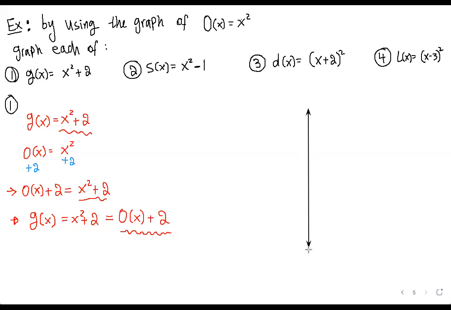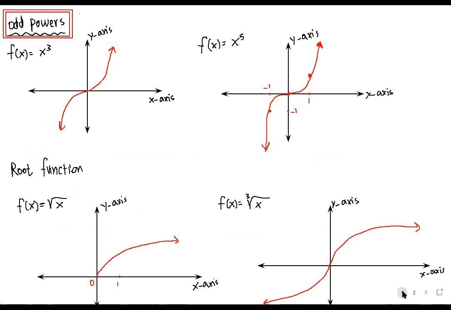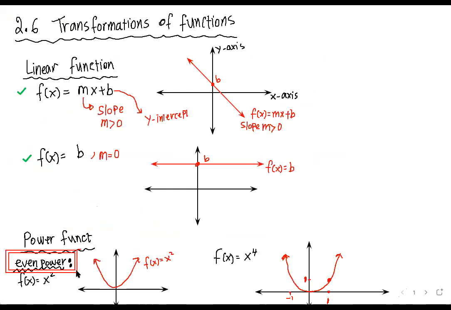So now to graph the g of x, we have to graph f of x, and then we shift it 2 units upward. So the original function is x squared. And by using these graphs here, f of x equal x squared, this is my default function graph, or the basic graph we have to know.